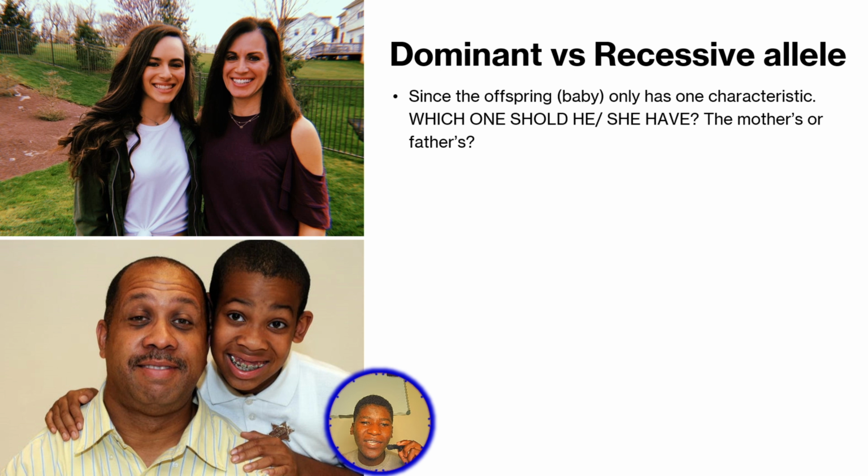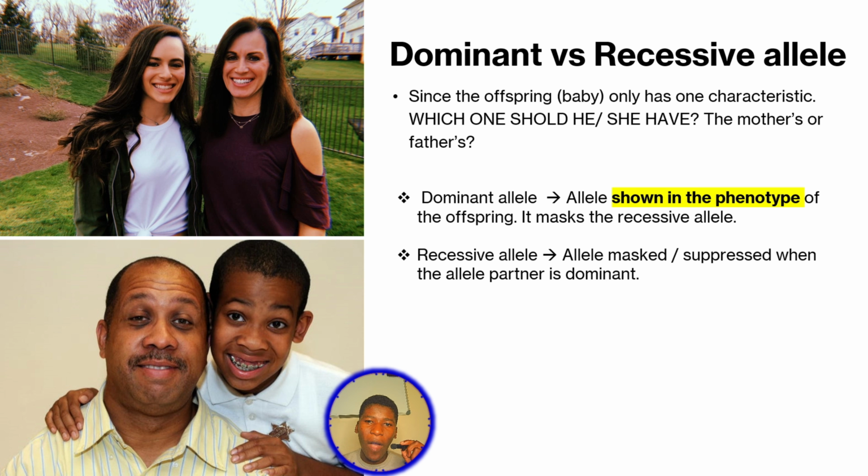Since the alleles are the ones that are specific to the characteristic, one can be dominant, one can be recessive. The allele that is shown in the phenotype of the offspring is known as a dominant allele. When you say that the allele is dominant, it simply means that the allele shows itself in the phenotype. The phenotype is the physical characteristic of the offspring. In this case, we're talking about the baby.